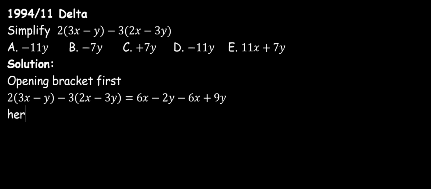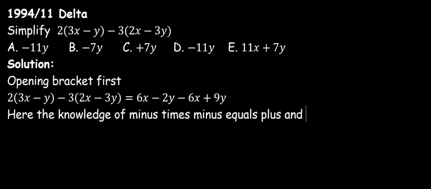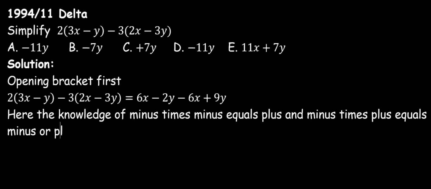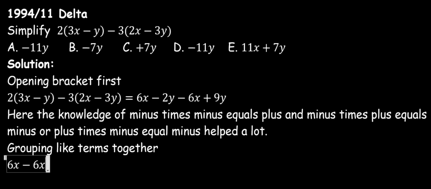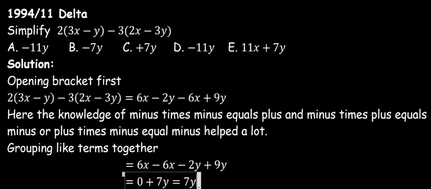Here, the knowledge of minus times minus equals plus, and minus times plus equals minus, or plus times minus equals minus helps a lot. Next, we group like terms together. We now have 6x minus 6x minus 2y plus 9y, and that will be equals to 0 plus 7y, which is equals to 7y. Another example.